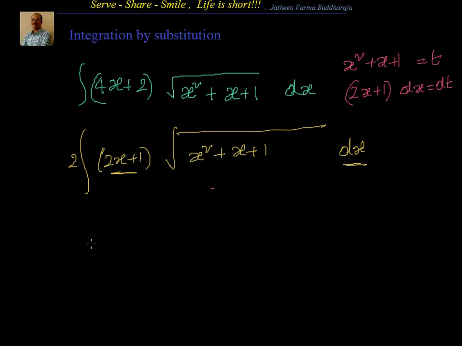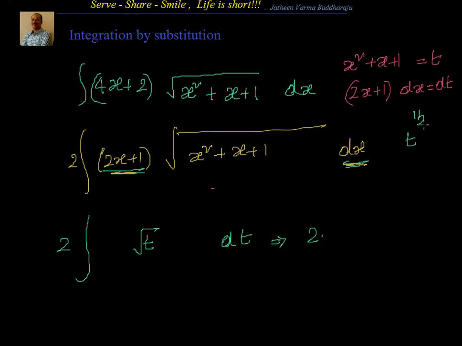Okay. Now if you transform this from x into t, I will have 2 as it is. 2x plus 1 dx is taken away by dt, and square root of x square plus x plus 1 will become root t. Now you can see this became very simple. Now you know 2 into, what is the integral of t power 1 by 2?